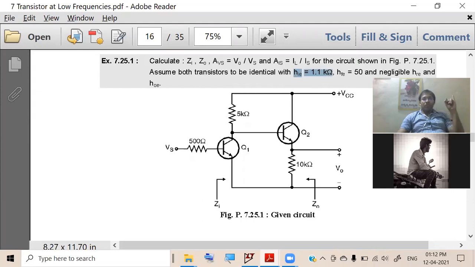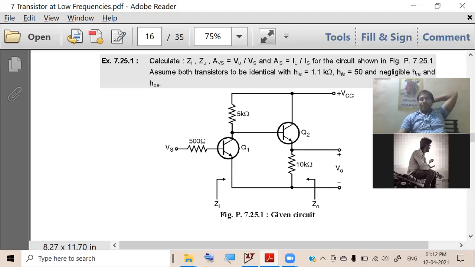HIE 1.1 kilo ohm, HFE 50, very easy to see. RS, the source resistance, is 500 ohm, RC1 5 kilo ohm. RE2 is the emitter resistor of the second transistor. Note down, only 1 minute is remaining.